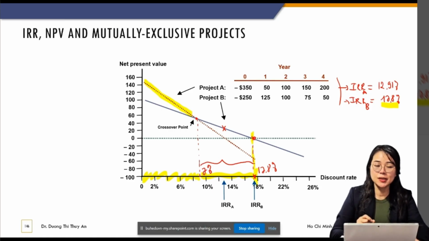Whatever you choose, the NPV is the added value of the project. It makes the company richer. Okay?